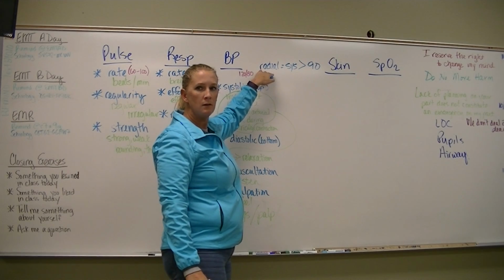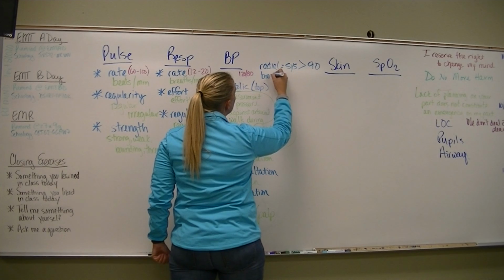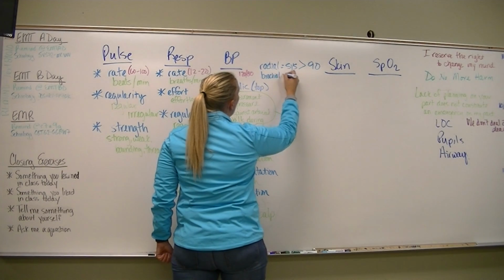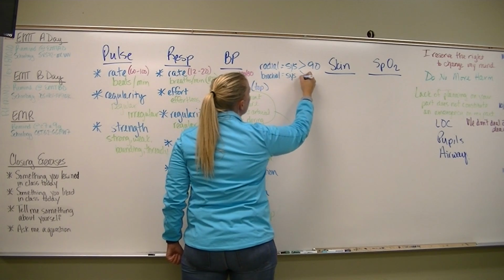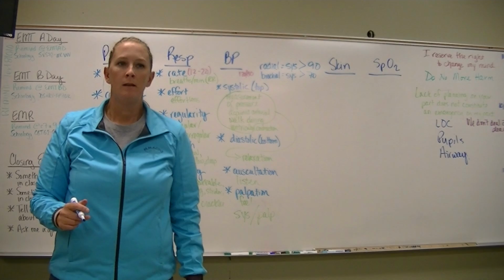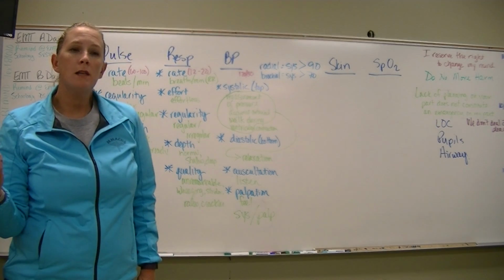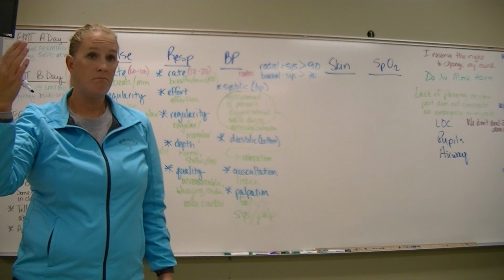A brachial or femoral pulse equals a systolic of greater than 70. If you're looking for a pulse and can't find it, look for the next one up.